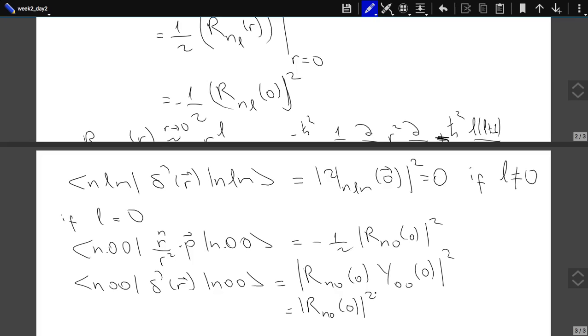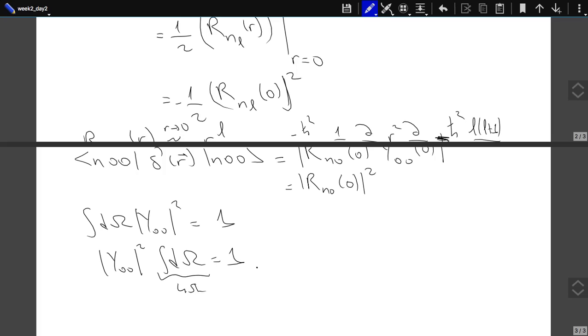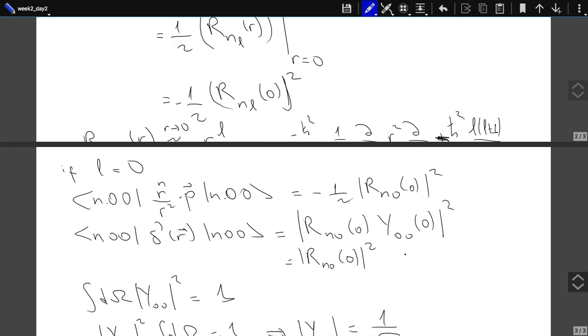Yeah, that's the easiest one to remember. It's a constant. Furthermore, we know that it is normalized. The integral of d omega is 4 pi. Y00 is equal to 1 over square root of 4 pi. Here we have the Y00 absolute squared, so that is just 1 over 4 pi.